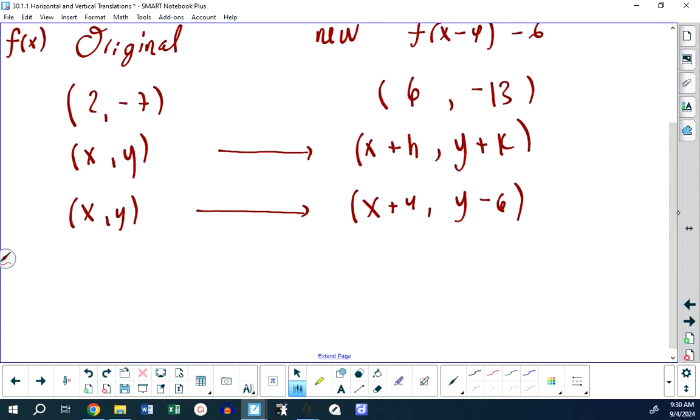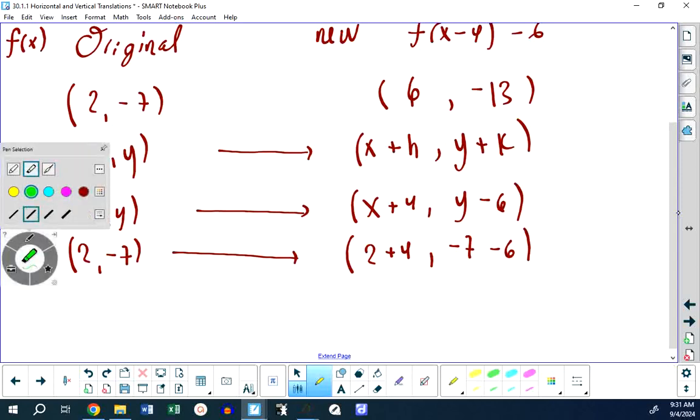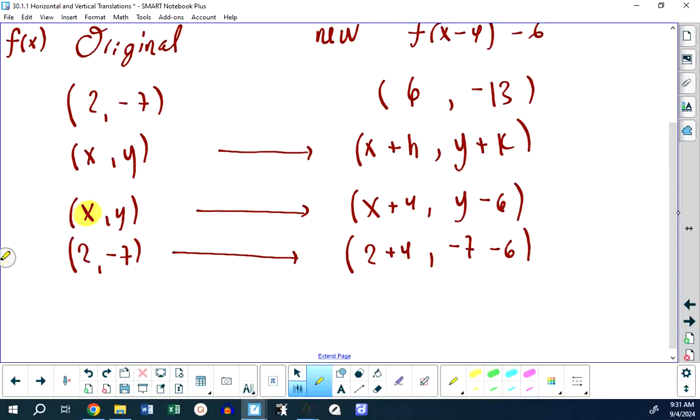So what this means is you're doing some algebra here. It's very limited, but whatever x is, the old x goes here. Right? So if x was 2, we're going to put a 2 here.